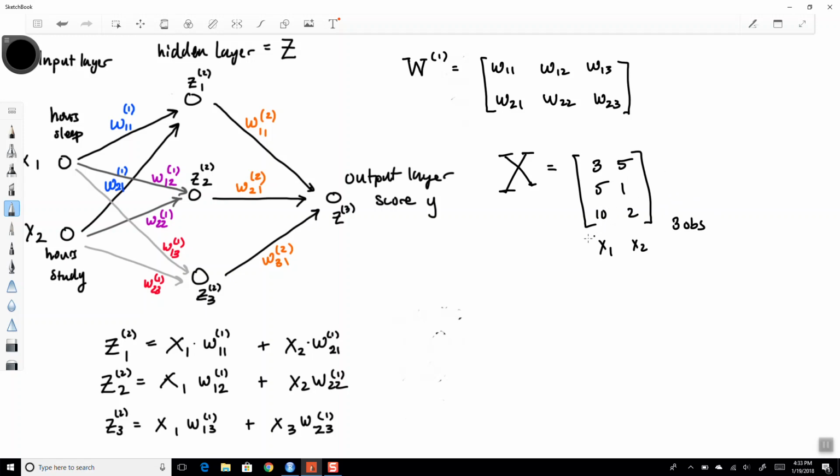That's why it's 3. And so when I do X times W1, this is basically N times 2. This is the number of observations with 2 variables, and W is 2 by 3. So this is the number of X variables, and the 3 is the nodes in the hidden layer.